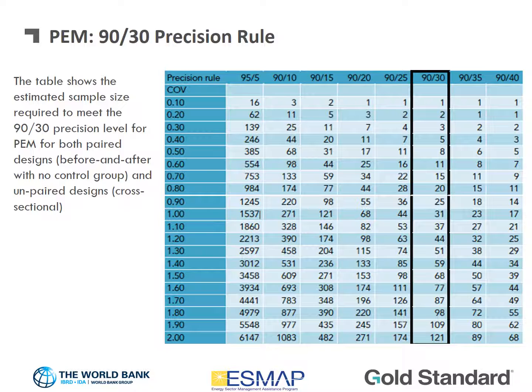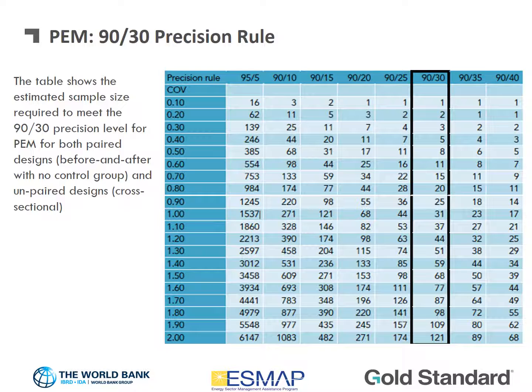And so looking at the calculation for 90/30, this is shown here in this bolded column. If you look at the COV associated with your sample, COV being the standard deviation over the mean, which is a measure of variability, and typically we see variability between maybe 0.5 to 1.1 or 1.2.